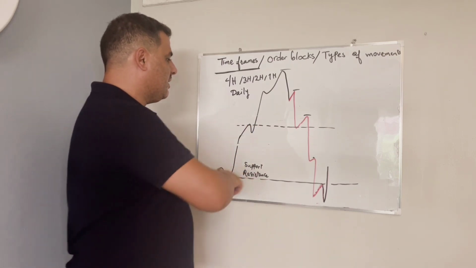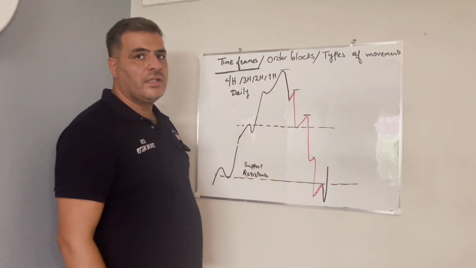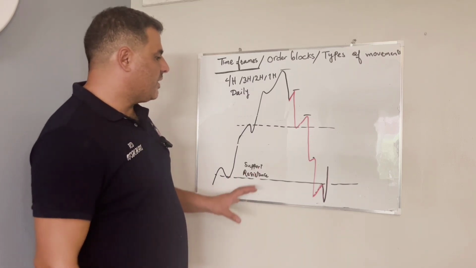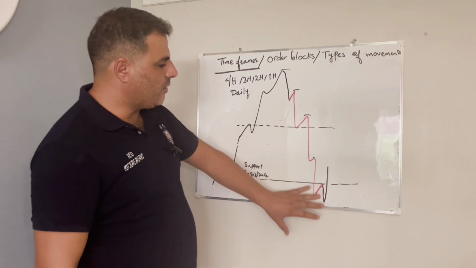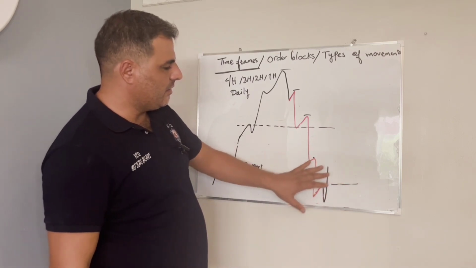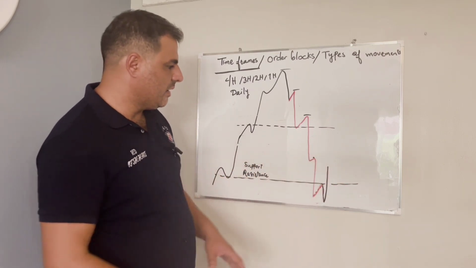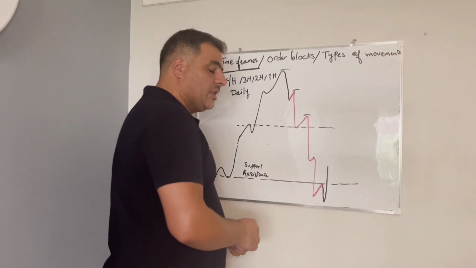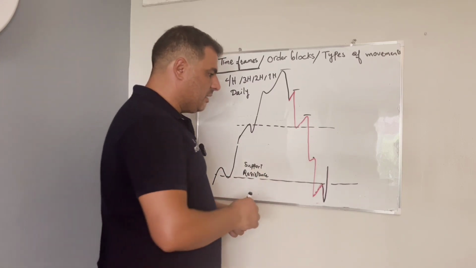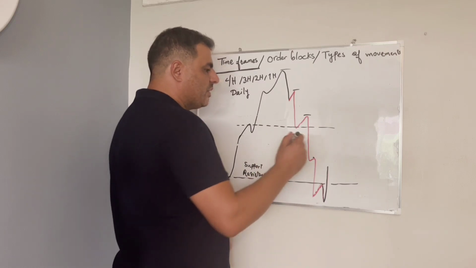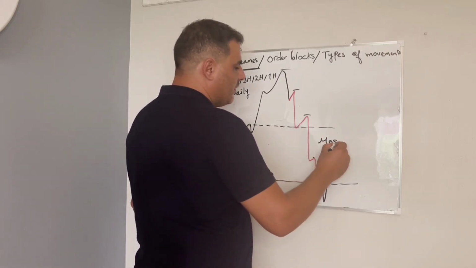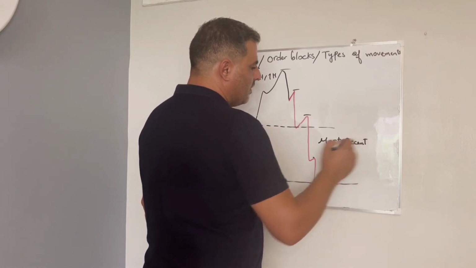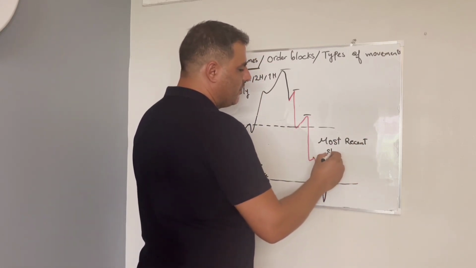So let's say this is a 4-hour time frame. In a 4-hour time frame, let's say you're watching the market live here, any chart. The first thing you are going to see is the most recent sharp movement.